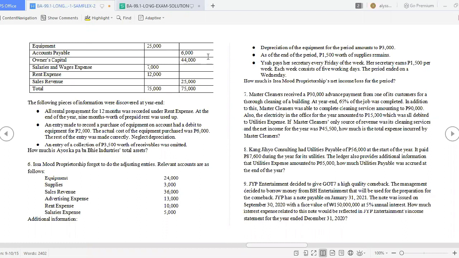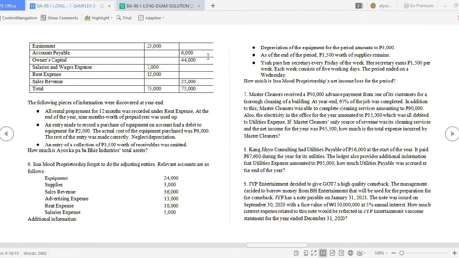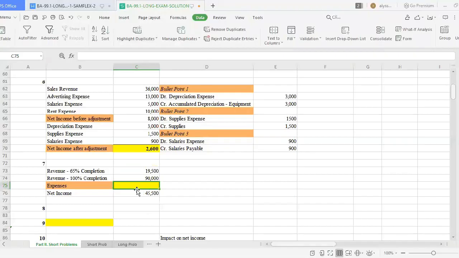In computing the total expense, we don't consider the 15,000 separately, since what we're computing here is the total expense. So within the expense that we'll be computing, the 15,000 is already included.